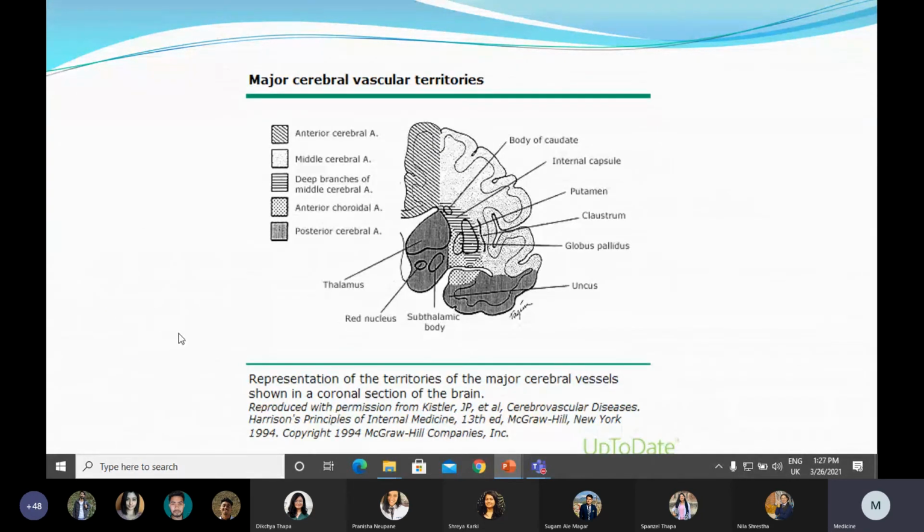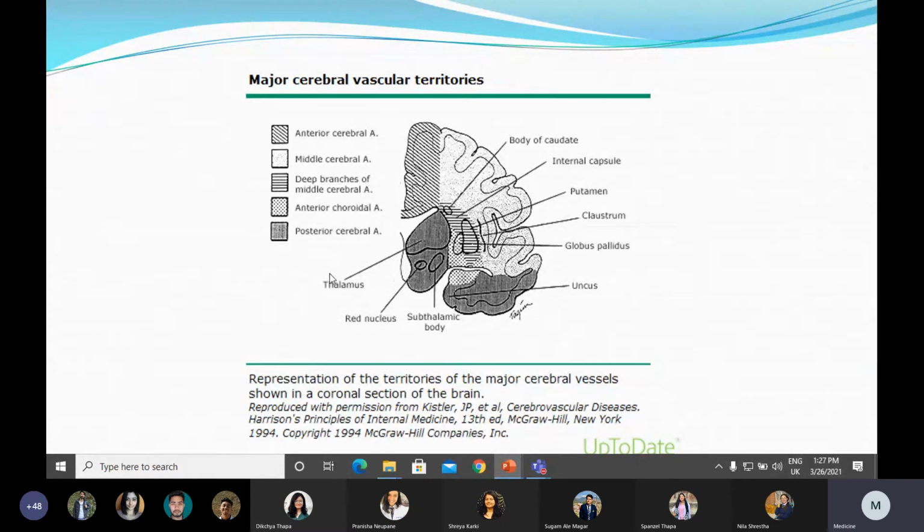Before going through the stroke signs and symptoms, we should have a very gross idea about the blood supply. Usually it is supplied by the anterior cerebral, middle cerebral, and posterior cerebral arteries. The anterior cerebral supplies the frontal lobe and part of the internal capsule.